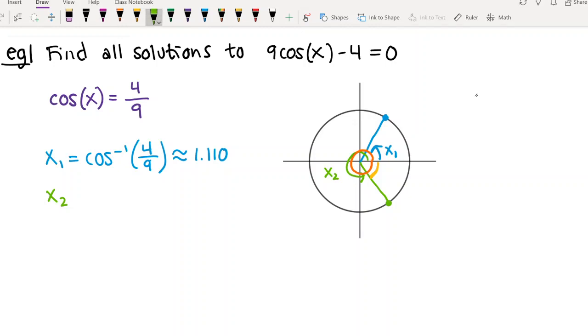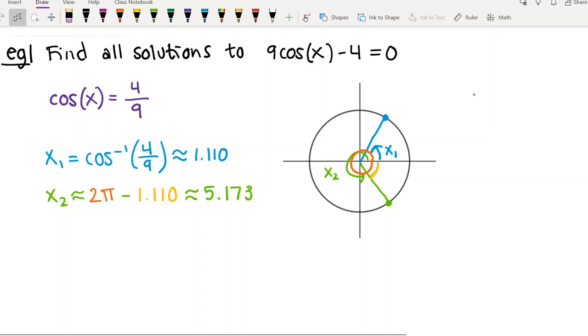So we're going to do 2 pi, and I should say approximately equal to because we are rounding things, 2 pi minus the yellow angle we have there, which is 1.110 radians. And if you type that into a calculator, it will tell you that that is approximately 5.173 radians.